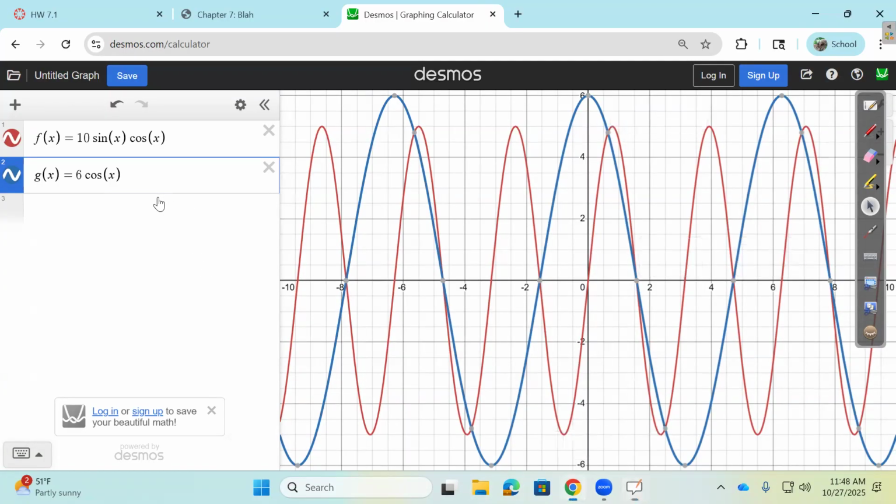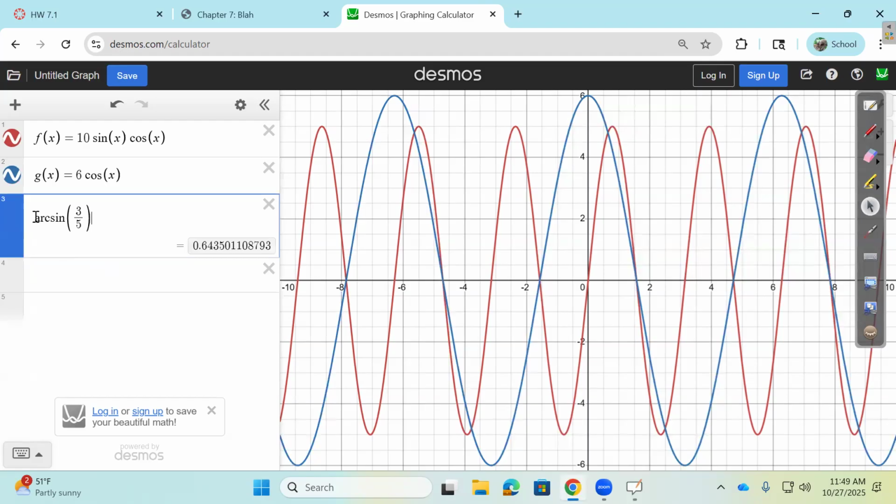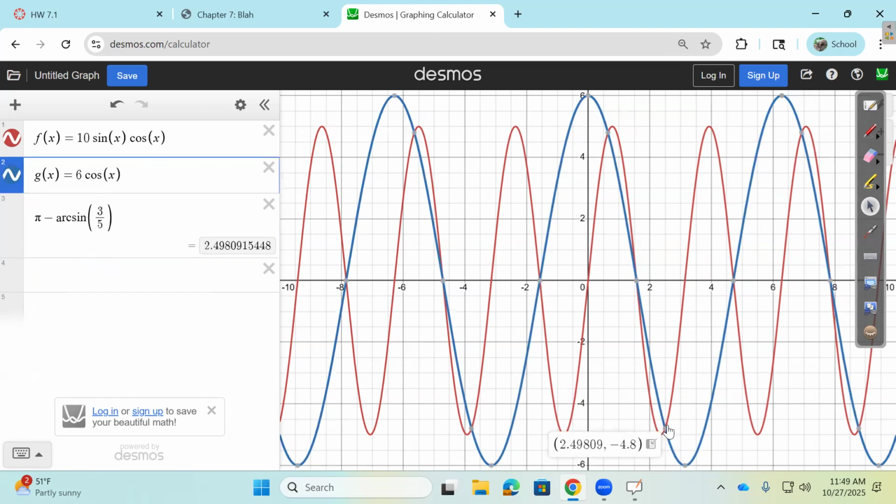So checking the other ones. It was related to the arc cosine, right? No, arc sine, thank you. Arc sine of 3/5. 0.6435, that looks good. And the other one was pi minus that, so pi minus 0.6435, and I think that was down here. 2.498, cool, we got it.